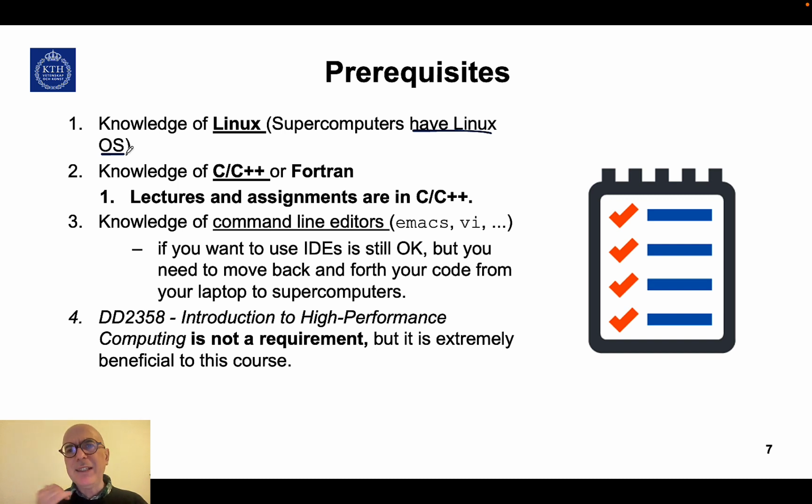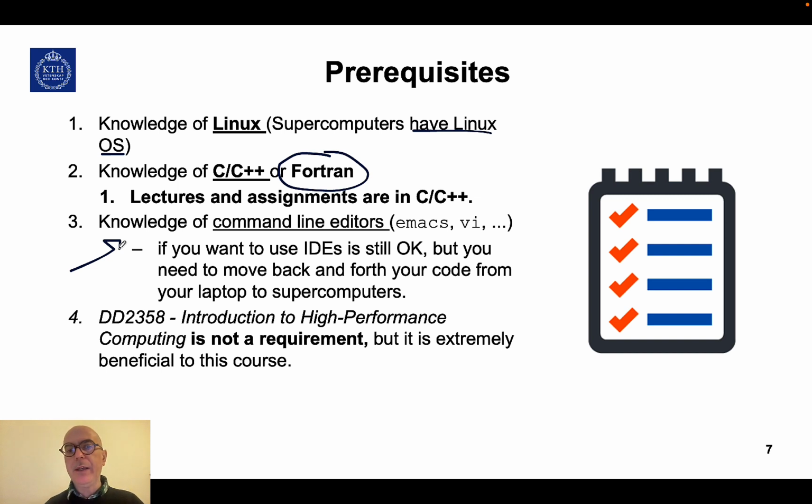All the lectures and the assignments are going to be done in C and C++. However, if you want to use Fortran for your assignment, you are welcome to do so. In addition, it is very useful to have knowledge of command line editors such as Emacs, Vi, Pico, or Nano. These are editors that you can use within the command line.